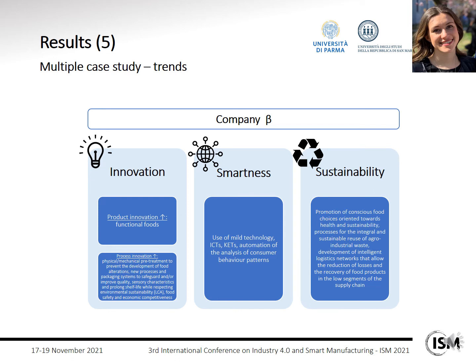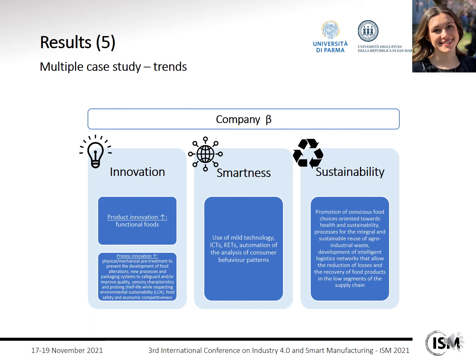Then, considering the smartness trend, as already mentioned, the company Beta has adopted mild technologies, which in turn have contributed to the development of technologies more respectful of the organoleptic properties of food. Moreover, the company efficiently uses the digital technologies of Industry 4.0, resorting to ICT, which is now considered a key enabling technology. Big data, in particular, are used to analyze the consumer behavior patterns in order to involve them in the decision process.